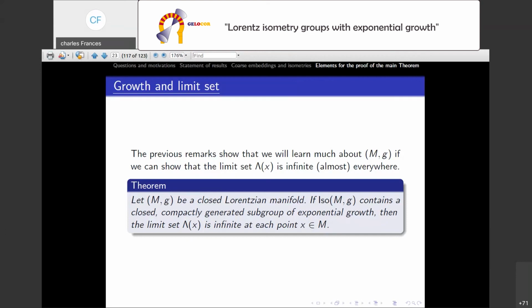So in some sense we are reduced to the locally homogeneous situation, which is better understood because we have a model space, etc. We have more tools, partly algebraic, to understand the isometry group in the locally homogeneous case. That's why we can fully understand Iso(M,g) in this case.